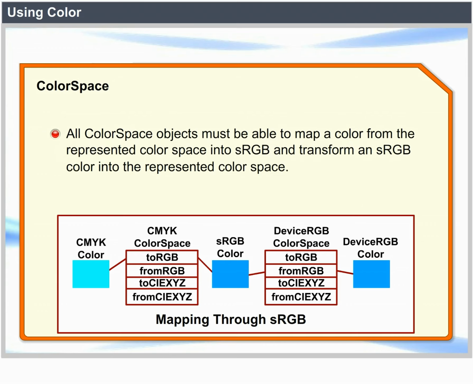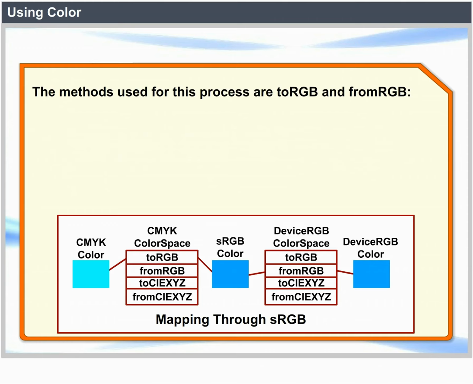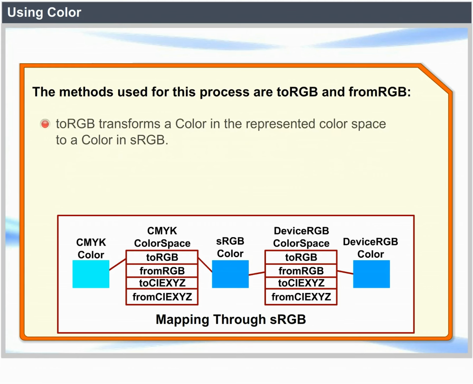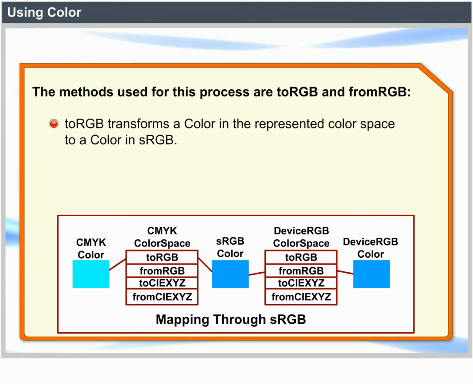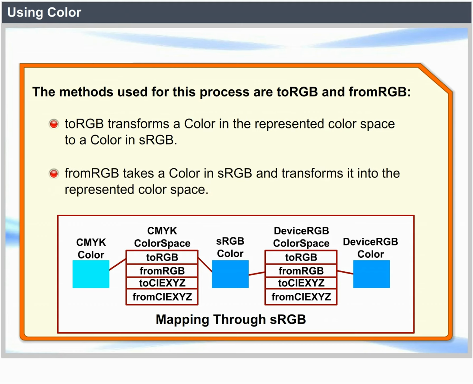All ColorSpace objects must be able to map a color from the represented color space into sRGB and transform an sRGB color into the represented color space. The methods used for this process are toRGB and fromRGB. toRGB transforms a color in the represented color space to a color in sRGB. fromRGB takes a color in sRGB and transforms it into the represented color space.